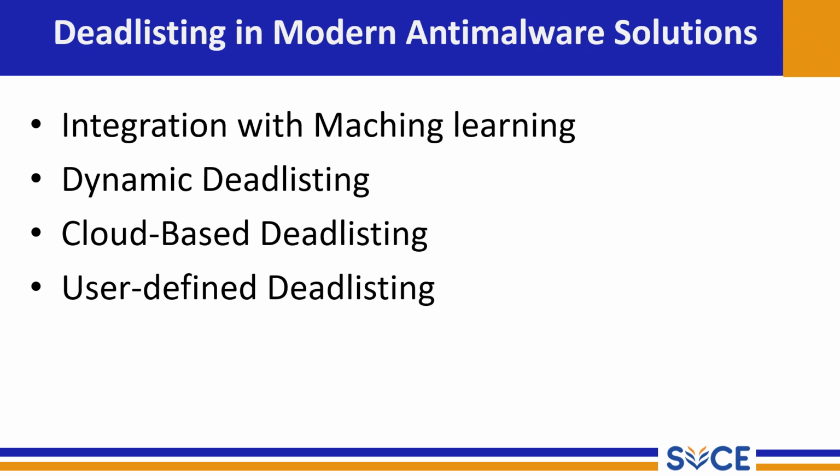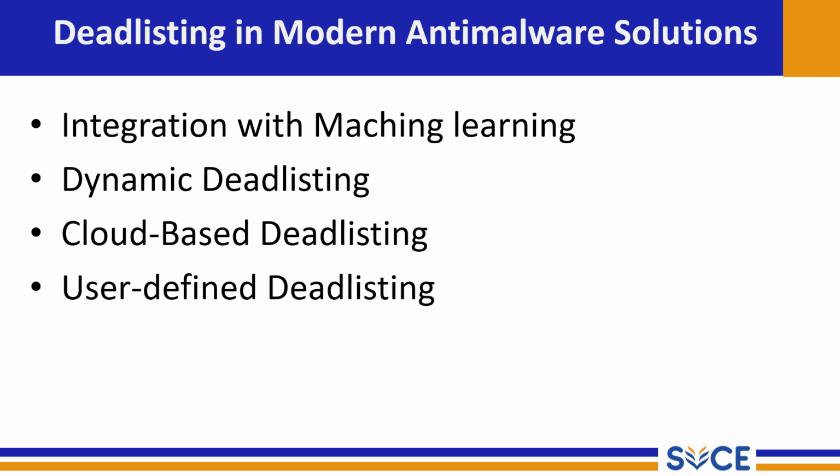Some anti-malware solutions use dynamic deadlisting techniques to automatically exclude items based on their real-time behavior. This allows the engine to adapt to changing environments and detect new threats more effectively, right?